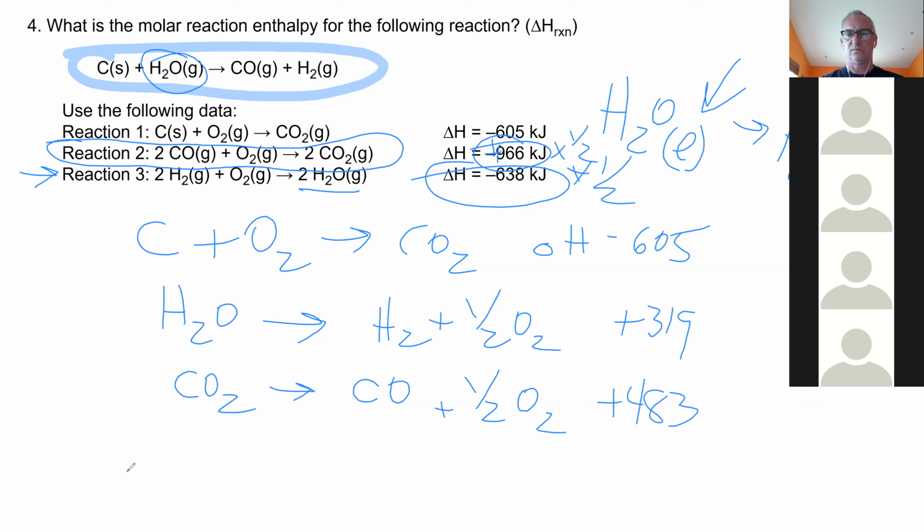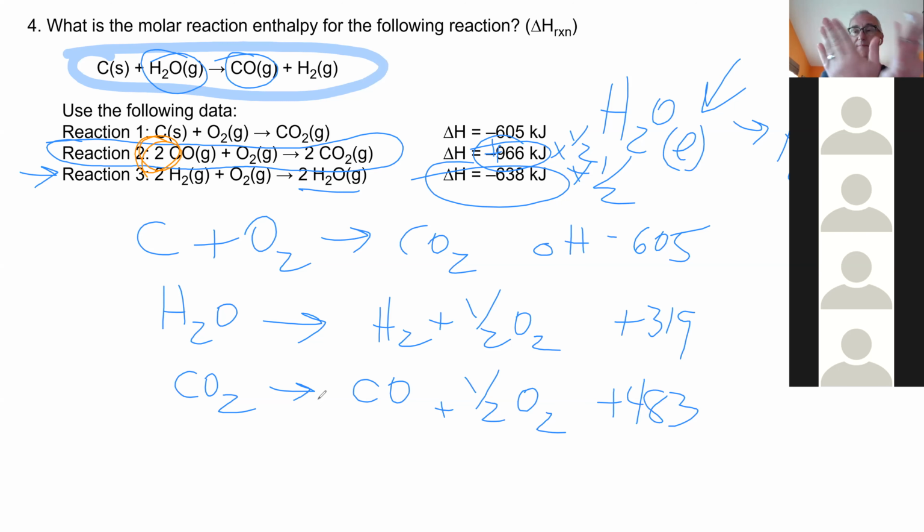Can you tell me why you multiply by half? Because in the original reaction, I only have 1 mole of carbon monoxide, and in reaction 2, there are 2 moles of carbon monoxide. I only want 1. So I need to change that twice.